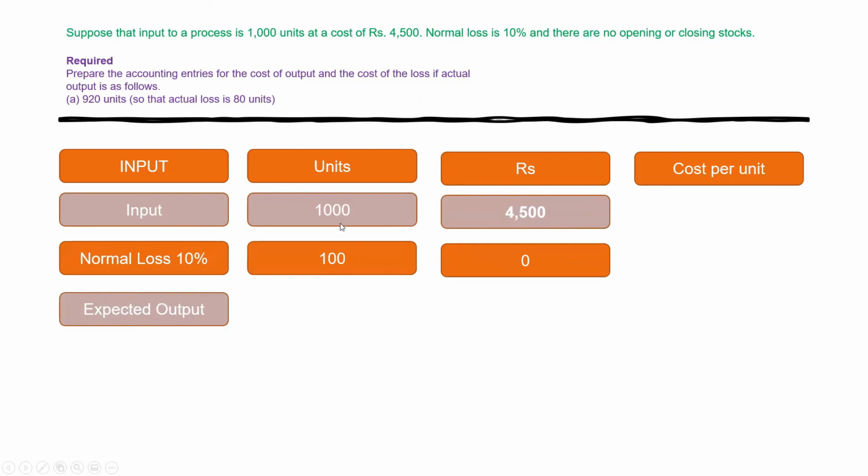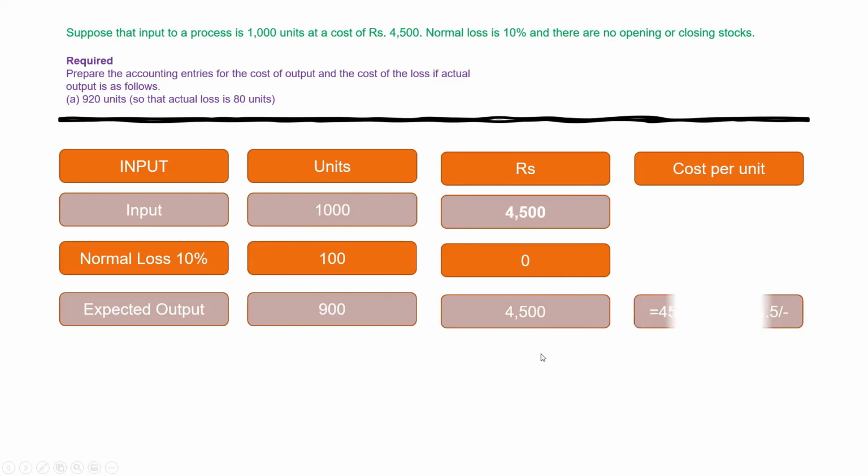Expected output will be 1000 units minus the normal loss, which will be 900 units. So the cost of 4500 will be allocated amongst these 900 units. That will be 4500 divided by 900 units, which is 5 rupees per unit.